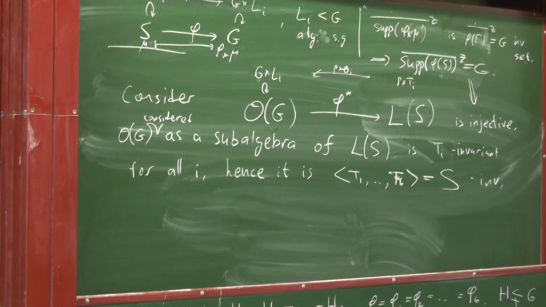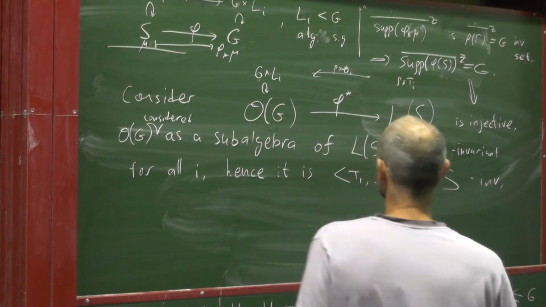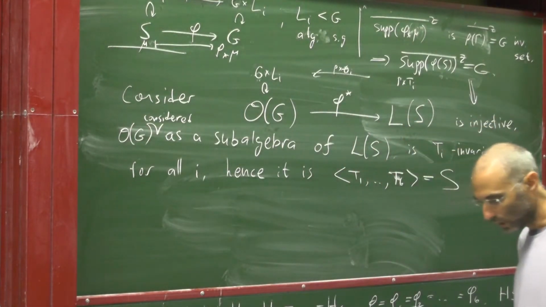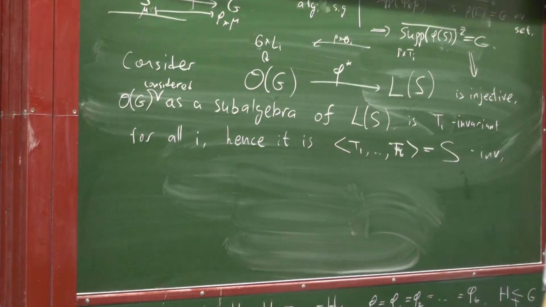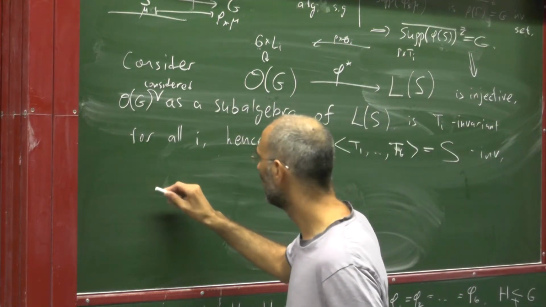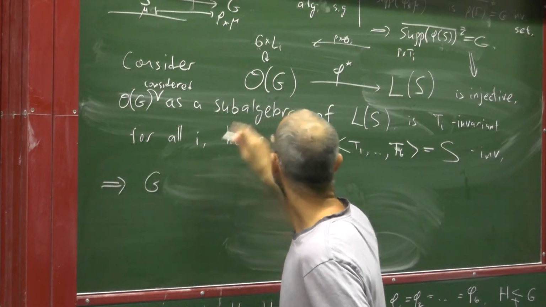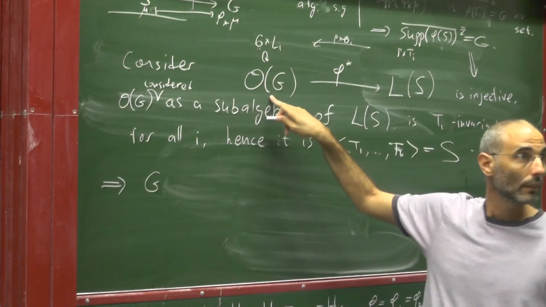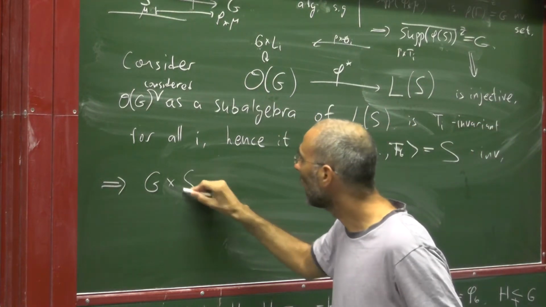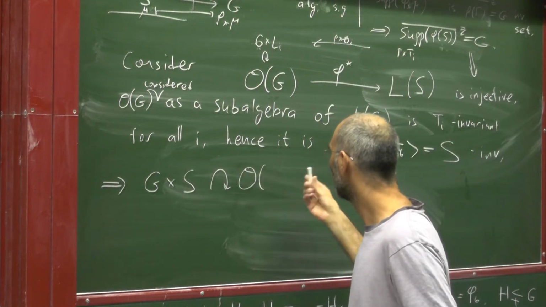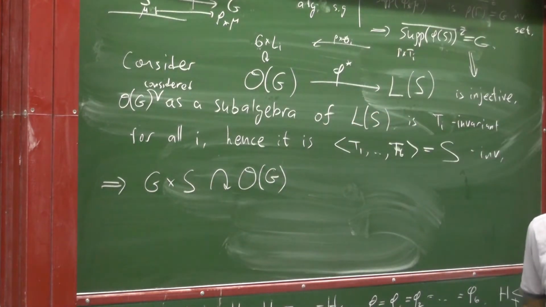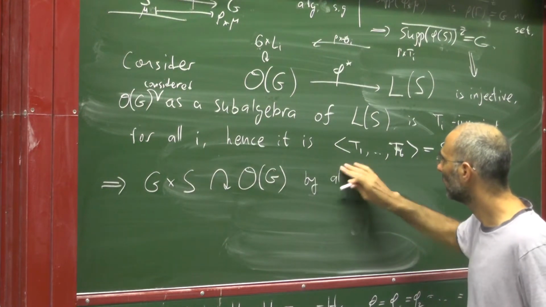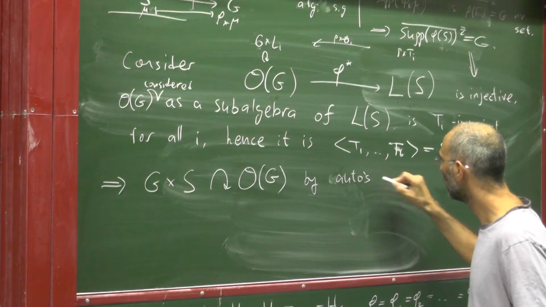And now, for the first time, I can extend the action I have on O of G to S itself. So I have that G acts on the left here, and I have a commuting action of S by automorphisms of the algebra.